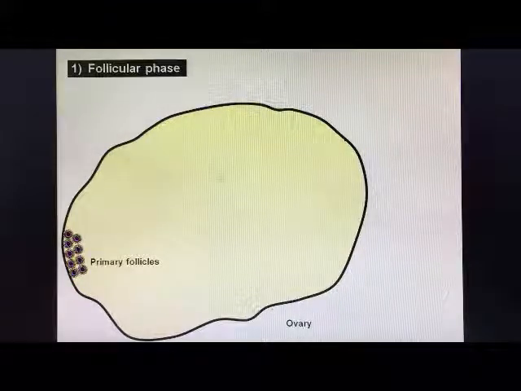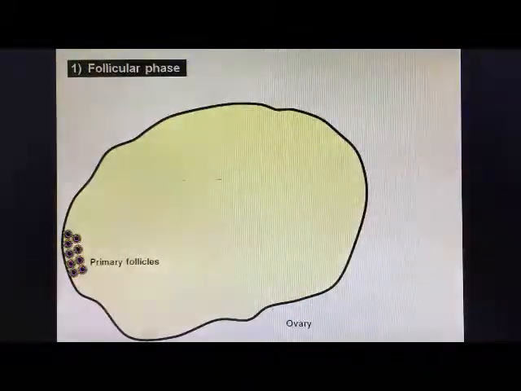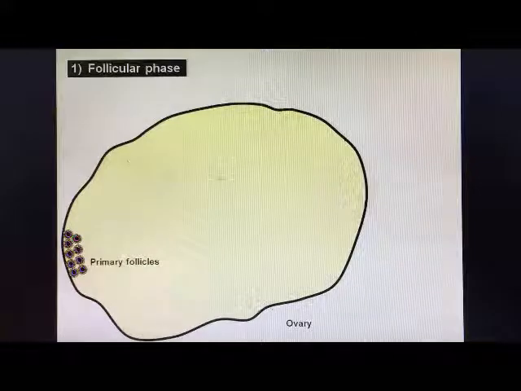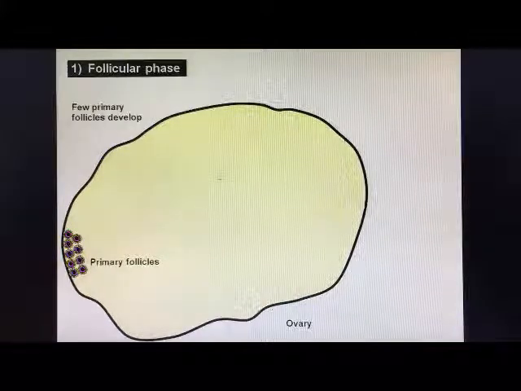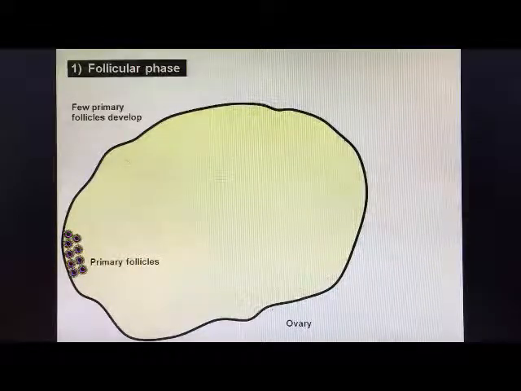And at puberty, regulated by certain hormones, several primary follicles are caused to develop. So this is known as the follicular phase, which only occurs upon the onset of puberty. In the follicular phase, a few primary follicles will start to develop.